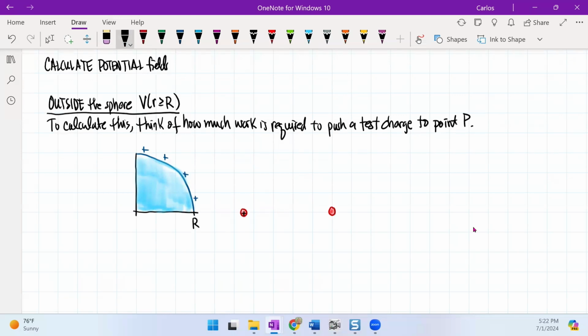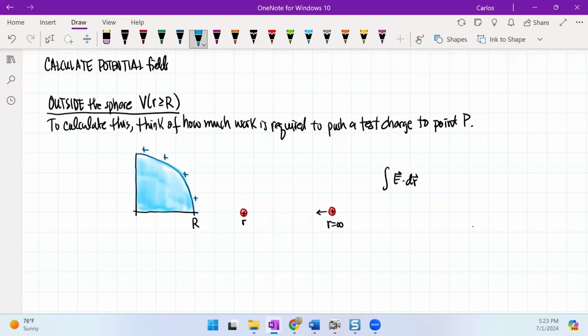So when I look at this guy, I know that there's external work driving this thing in this direction. So we're at r equals infinity here, and then here we're bringing it to the location of r. So when I look at Gauss's law, I have to integrate the electric field. If I'm looking at this integral of E dot dr, I have to figure out the direction of the electric field.